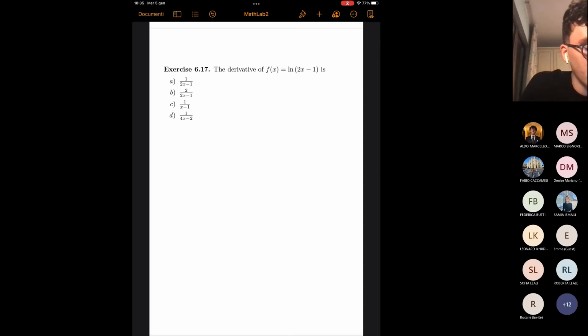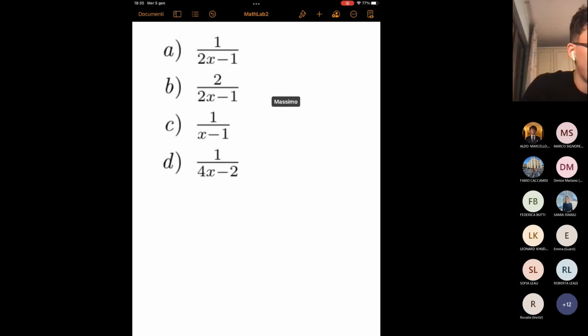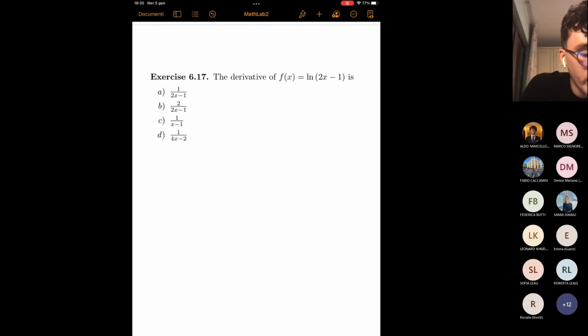So first of all, the derivative of a logarithm function is 1 over x. So the derivative of ln of x is basically 1 over x. In this case, we have another function inside the logarithm function. So we have to understand that it's 1 over 2x minus 1 times the derivative of the function which is inside the logarithm, which is the derivative of 2x minus 1.